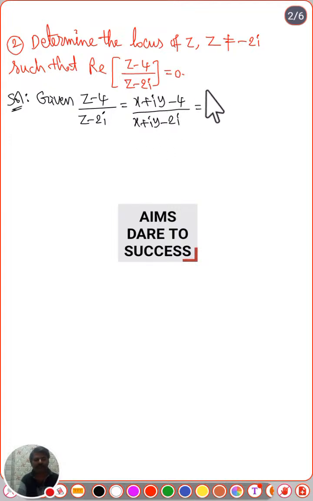Write separate real parts and imaginary parts. From the numerator, x minus 4 is the real part, plus iy, divided by x, plus real part completed. Next imaginary part, i is common, remaining y minus 2.